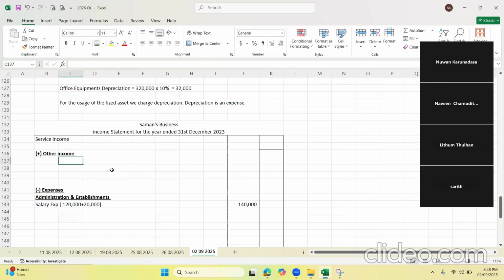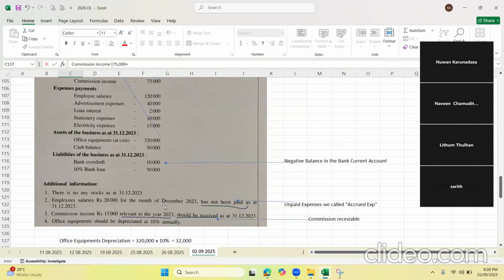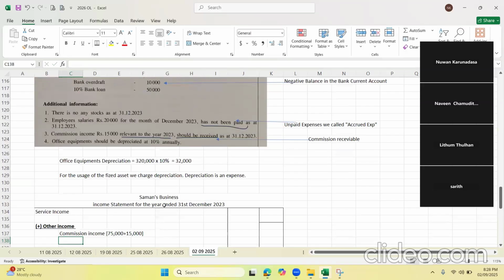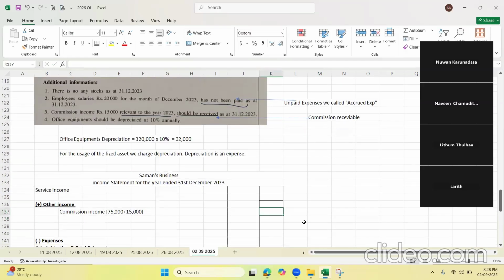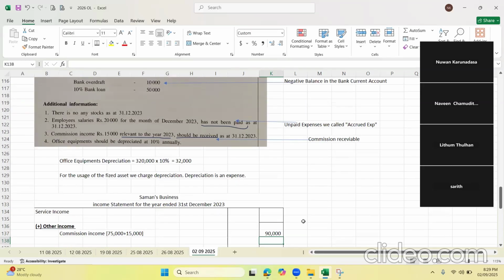Then altogether other income, commission income: the received amount is 75,000 plus the receivable amount of 15,000. Then your total commission income will be 75,000 plus 15,000, which is 90,000. This is your income.